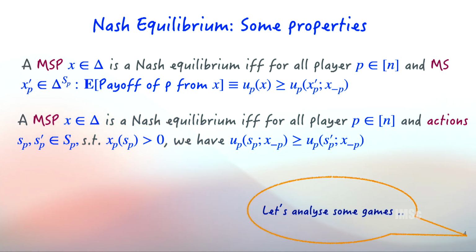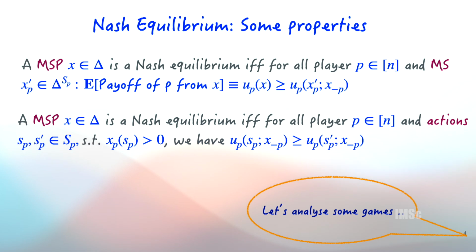So, all actions that have a non-zero probability of being played under X will give this player the same payoff, because S prime and SP are symmetric in the sense that if they are both non-zero, then if you change these quantities they should remain the same.